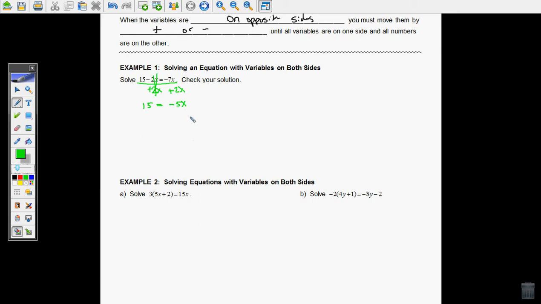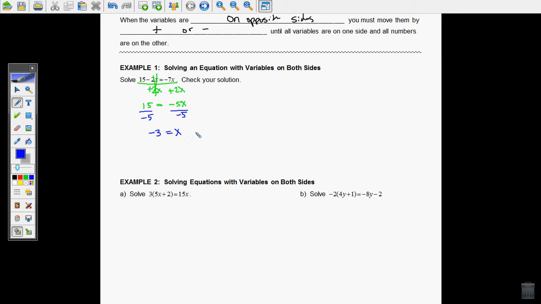Now this looks really easy. All I have to do is inverse operations to get the x completely alone, which means undoing multiplication, which is division, dividing by negative 5 on both sides to keep it balanced, which gives me negative 3 equals x. Negative 3, because a positive divided by a negative makes a negative.